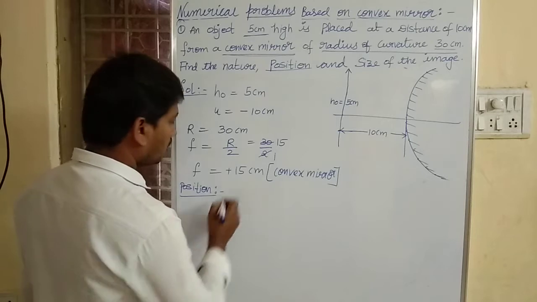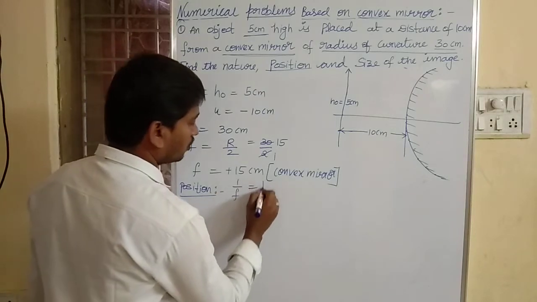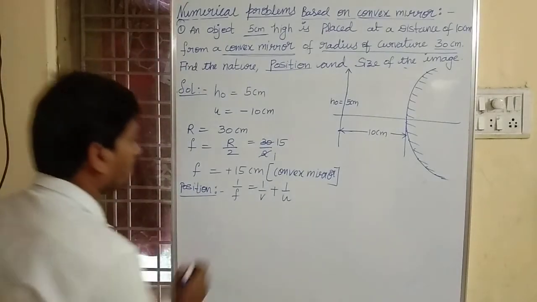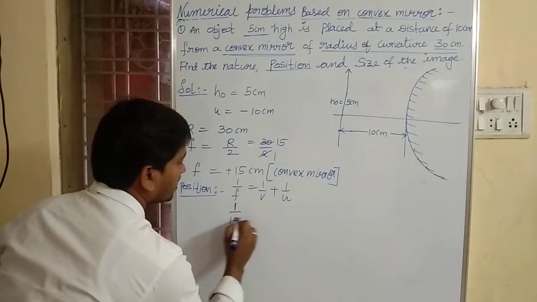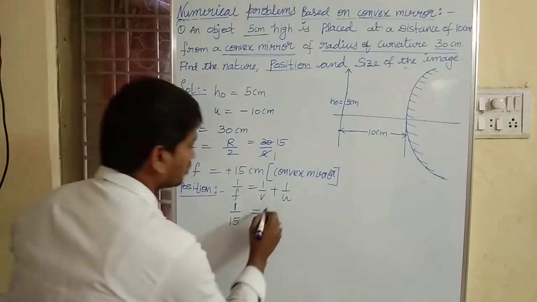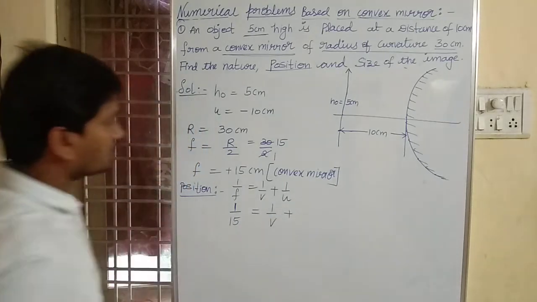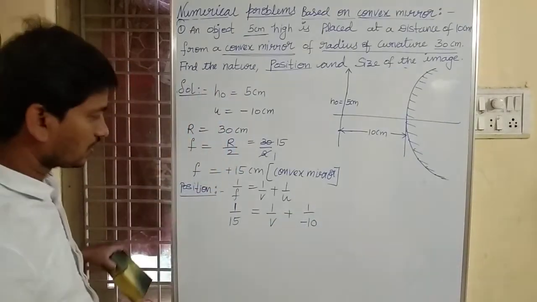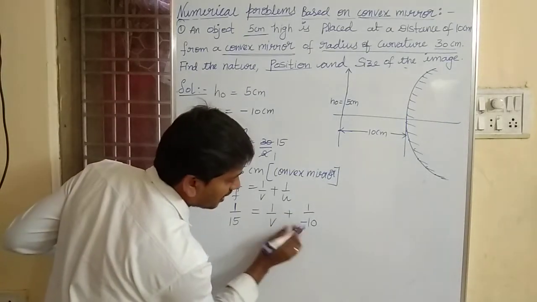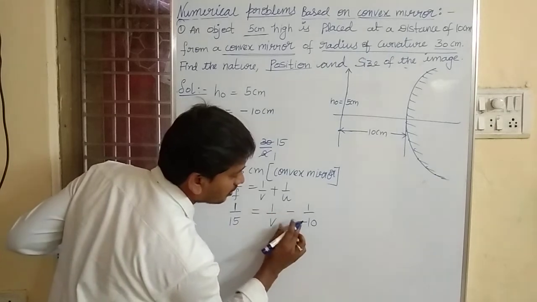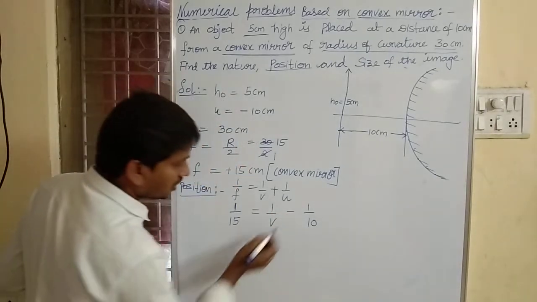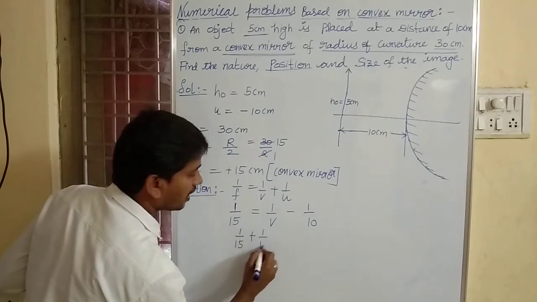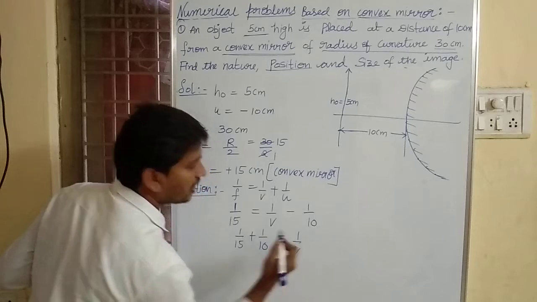What is our mirror formula? 1 by f equal to 1 by v plus 1 by u. 1 by f is 1 by 15, and u equal to minus 10, so this plus into minus becomes minus 1 by 10. Transposing, 1 by 15 plus 1 by 10 is equal to 1 by v.